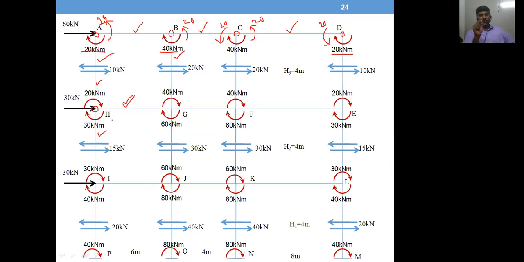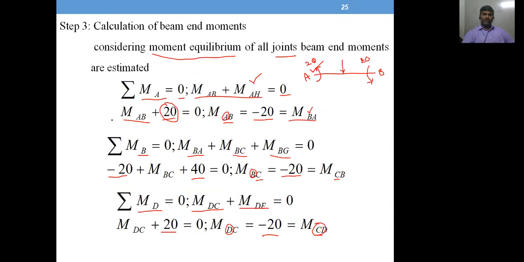So always read the name of the member from the joint where you are applying the equation, right? So you are applying the equation for joint H. So read the member name from H: HA, HI, HG. Okay, so likewise. So now you apply the equation.